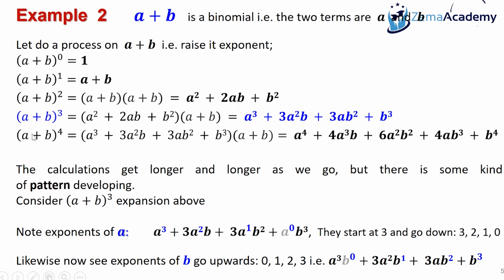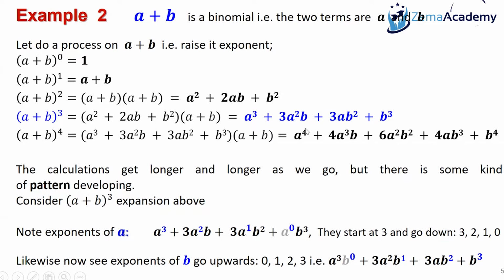Okay. Next, a plus b whole to the power cube. Again, you can open it and multiply it, or you can, if you know the answer, you can directly write it as a cube plus 3a square b plus 3ab square plus b cube. A plus b to the power 4.